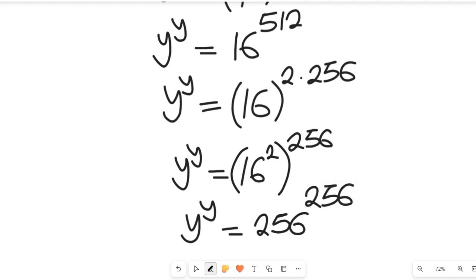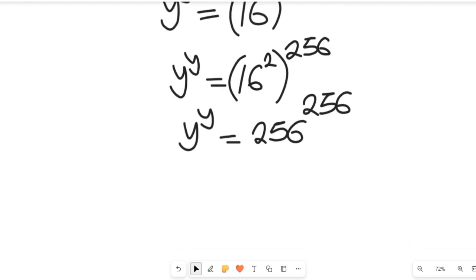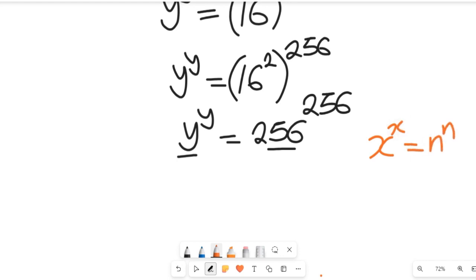Now come to see that we have the same base and the same power. According to the law of indices, if we have x to the power of x equal to n to the power of n, then x will be equal to n as long as n is greater than or equal to 1.